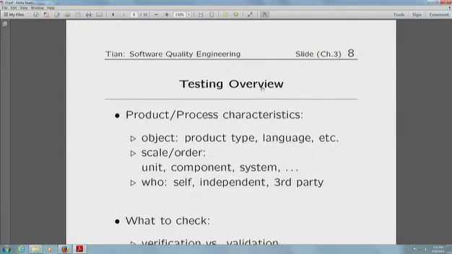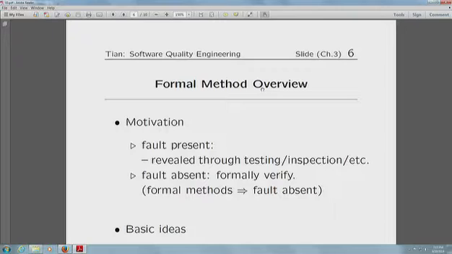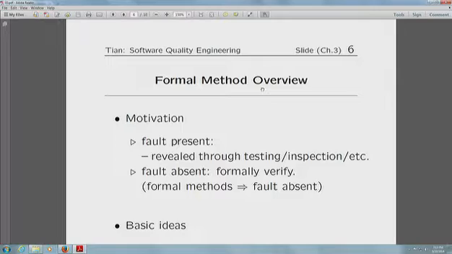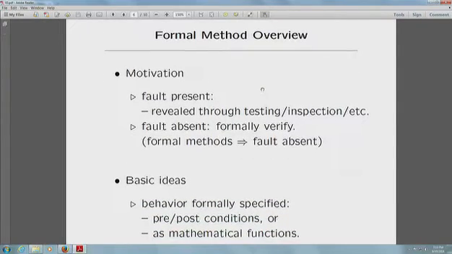Let me see, I skipped that. Formal method. So the formal method consists of 2 parts. Essentially what you do here with the formal method is that you try to formally specify or describe what is supposed to be the behavior of your system, and then you verify it with some kind of logical mathematical argument.